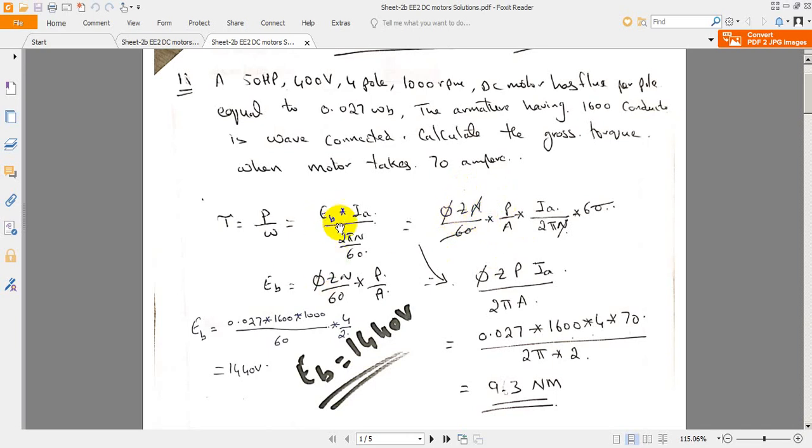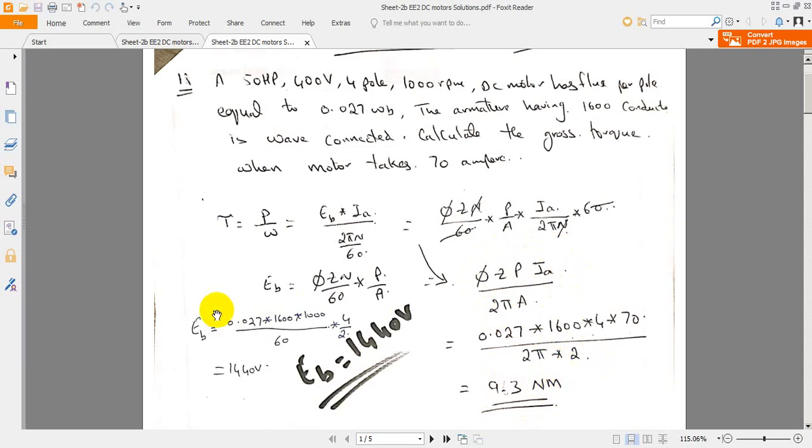We can substitute like this. When you substitute in place of EB this complete expression, n from here and the n in 2 pi n will get cancelled, and then 60 from here will get cancelled. The finally remaining expression will be phi Z P Ia by 2 pi A. Simply substitute the value of phi, Z the number of conductors, P the number of poles, and the current flowing, divided by 2 pi into the number of parallel paths: 963 Newton meters.